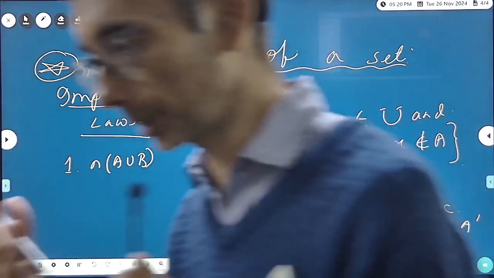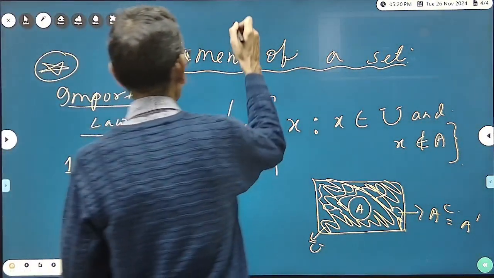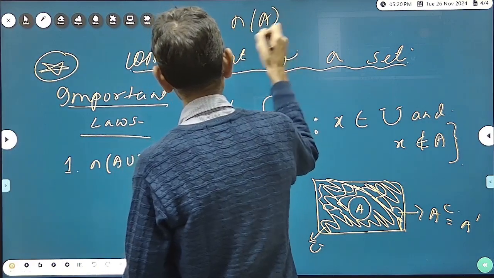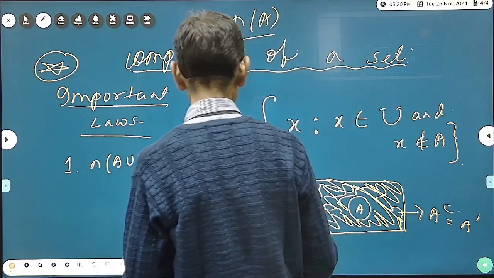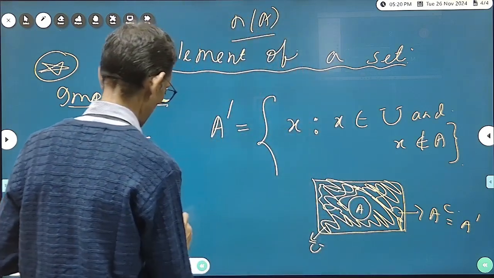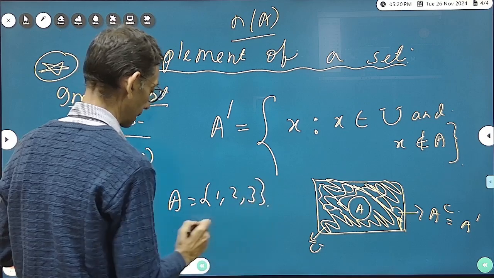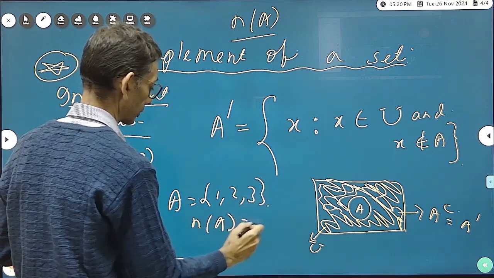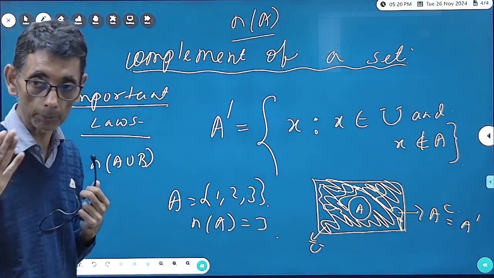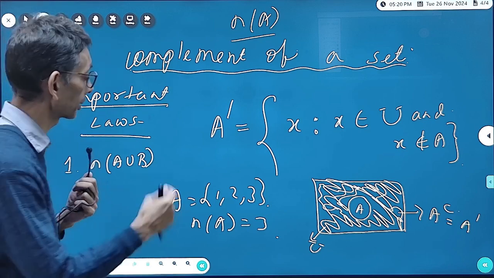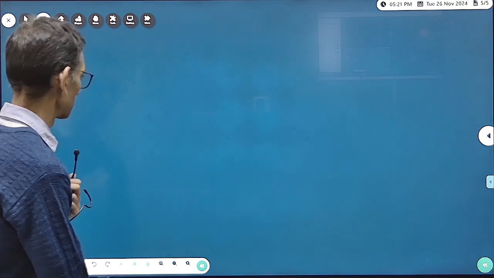The number of elements in a set is called the cardinal number, and it is written as n of A. For example, if I write set A is equal to 1, 2, 3, then what is the cardinal number of A? It will be 3. n of A means the number of elements in A, you count them, 1, 2, 3, right? So based on the cardinal number we are going to learn some laws.